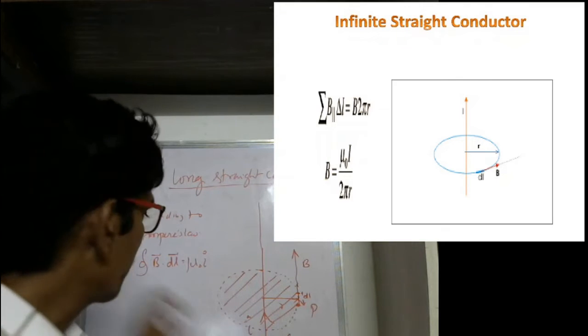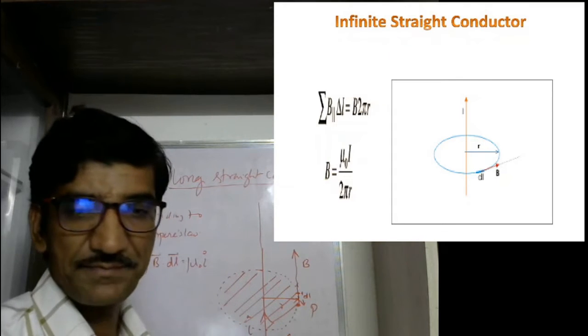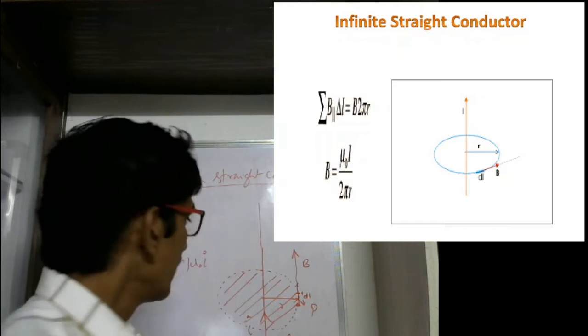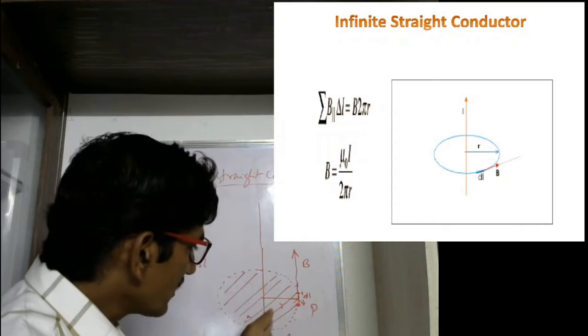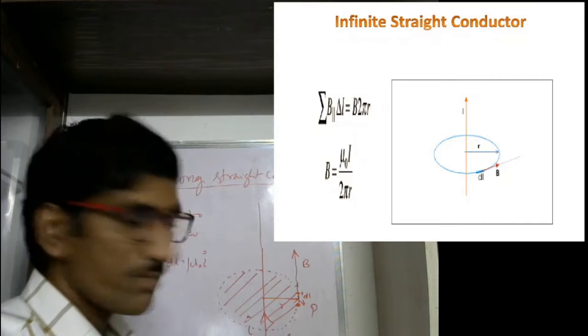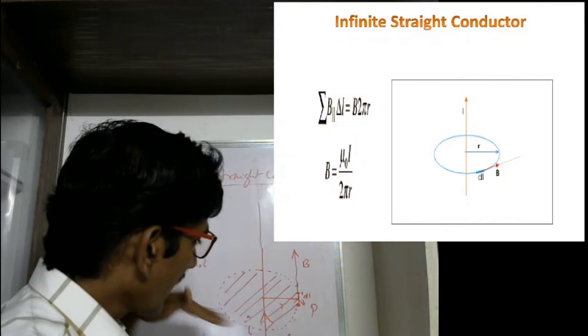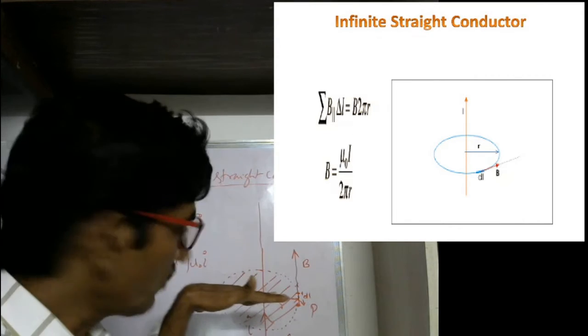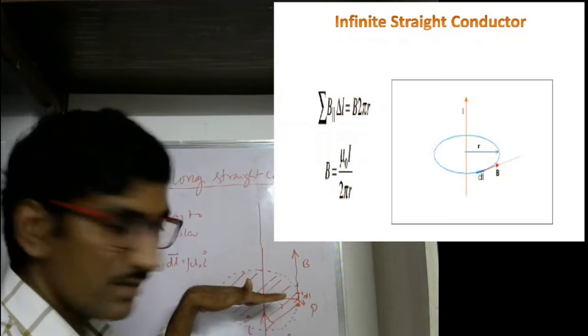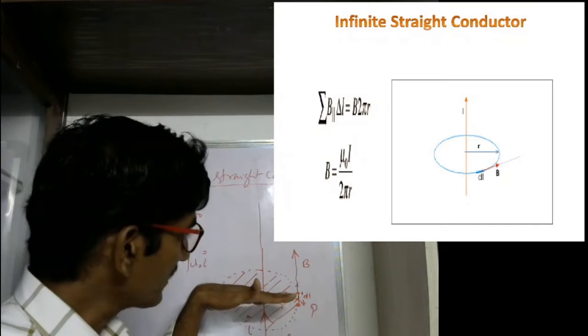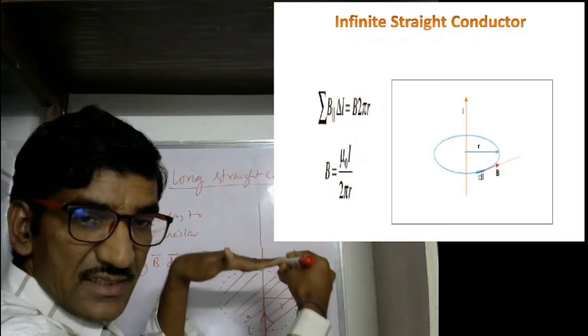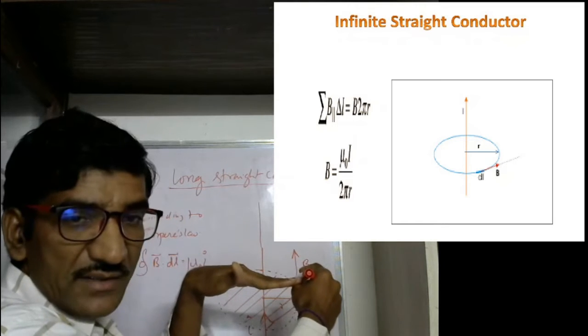Why are we using Ampere's law? To find B. See here, this wire is in the board's plane, and this dotted line is perpendicular to the plane of the board. So your dl is like this and your B is also like this.